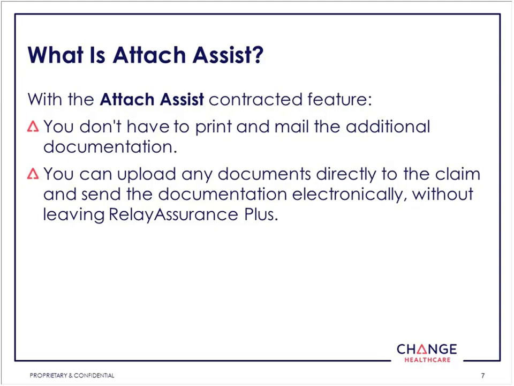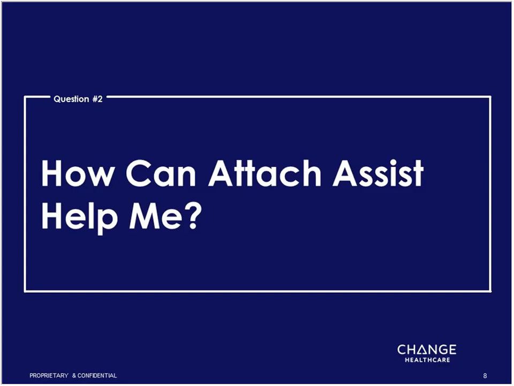For the upload functionality, you could upload a JPEG, a PDF document, and I think a TIFF image document as well. So there's no printing and no mailing with this process when utilizing the Attach Assist function.